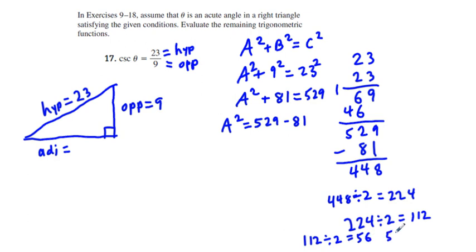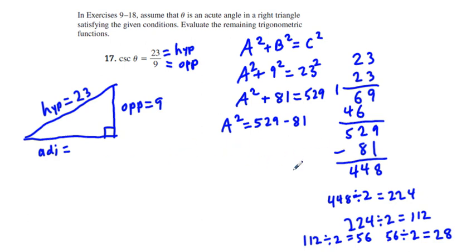And 56 divided by 2 equals 28. And so we have, just kind of reverse factoring, 2 times 2 times 2 times 2 times 28 will equal 448.